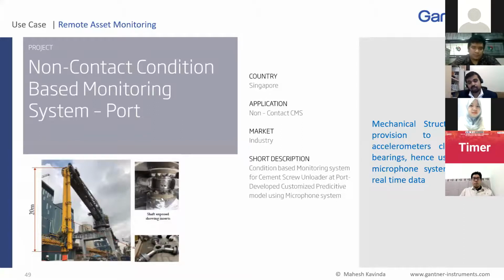In a typical application, yes, we can keep an accelerometer to measure the bearing vibration. That is straightforward. But unfortunately, there's no way we can put a wireless or even a wired sensor very close to the bearing housing, because this bearing housing is inside the screw unloader, not outside.